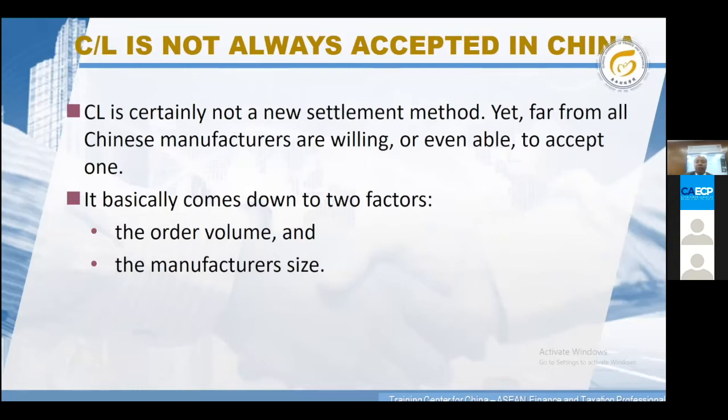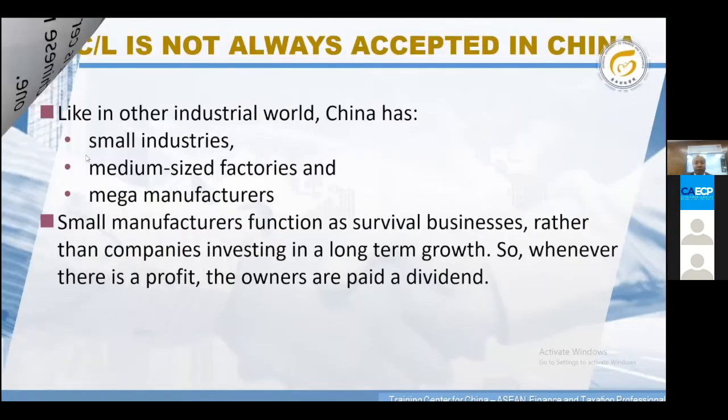But the manufacturers have their own other concerns to accept it. And there are two main reasons, apart from what we said before when we were discussing remittance, for example. One is order volume, and the other one is the manufacturer's size.